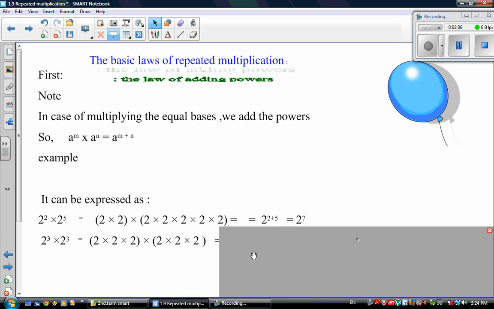So it's written as 2 to the power 6. Notice that in 2 to the power 3 times 2 to the power 3, if we add 3 plus 3 we get 6. So we can add the powers if the bases are the same. Once again, if the bases are the same, you can add the powers.